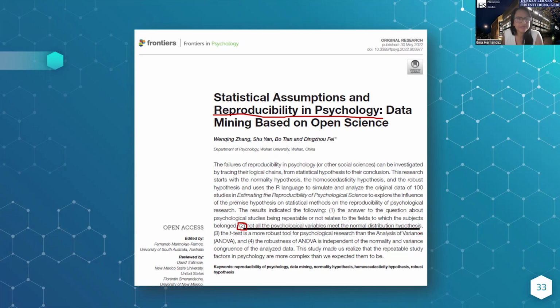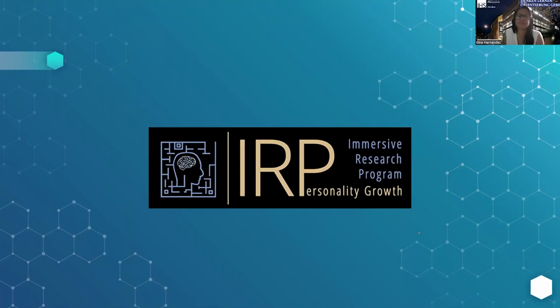So we have clear violations in the papers, and this is the issue why psychology could be struggling sometimes.